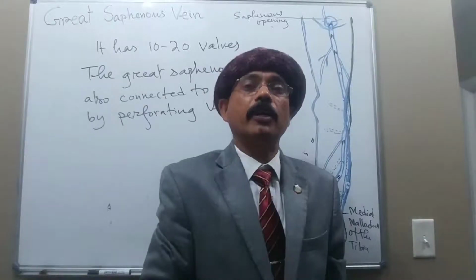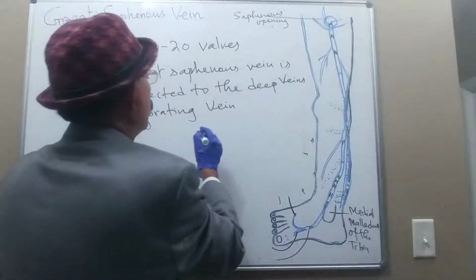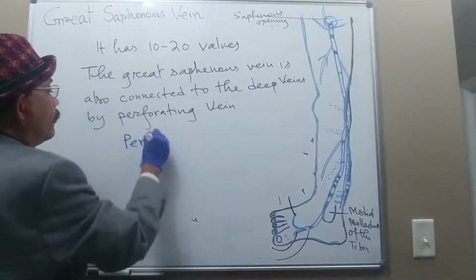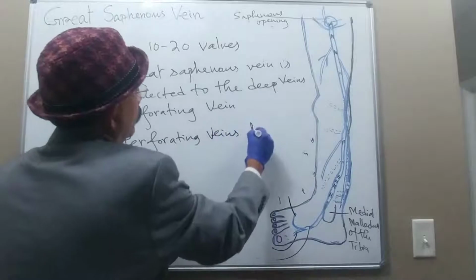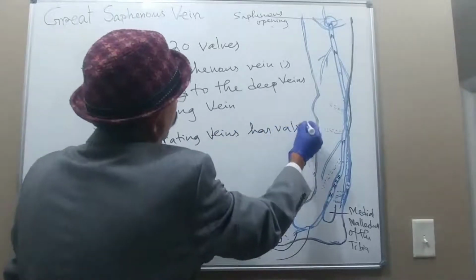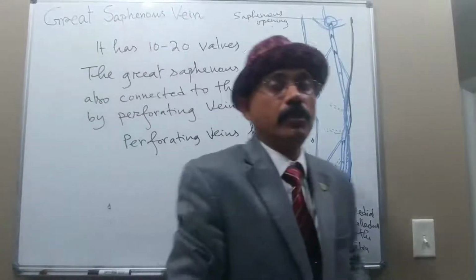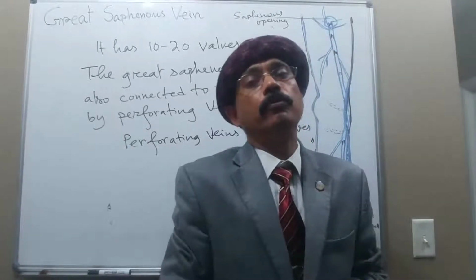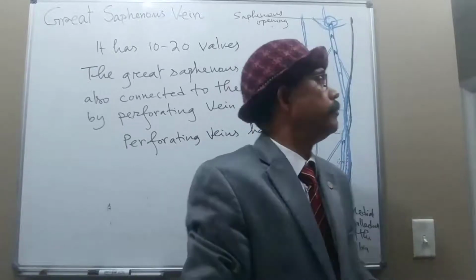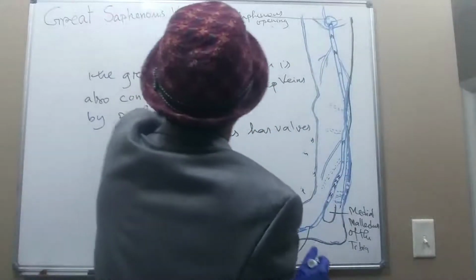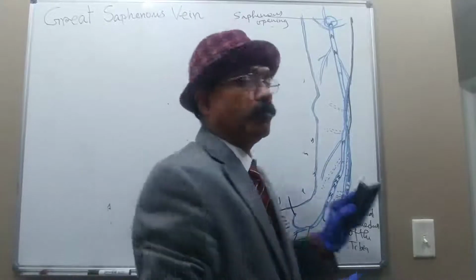So the great saphenous vein is connected to the deep vein by means of the perforating veins, and perforating veins have valves also. So blood from the superficial vein should go through the perforating vein, which goes through the muscle to the deep vein.